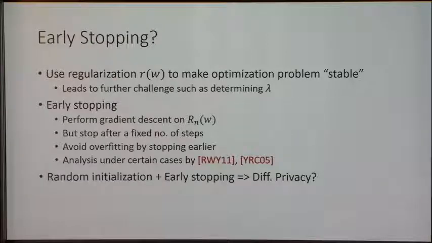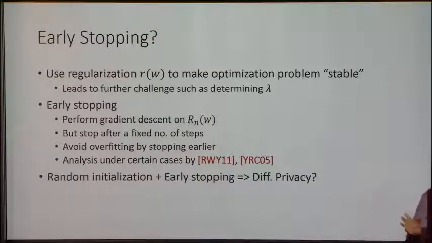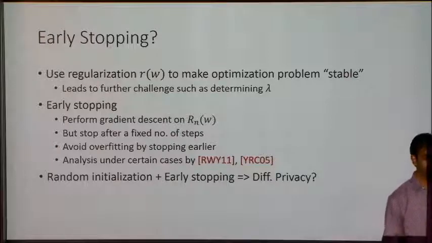Another interesting open problem is that in practice, people do not do this regularized empirical risk minimization, especially if you are working on some really practical systems. A very naive thing to do is just take your empirical risk minimization problem, and without any regularization, start from some random point and start doing gradient descent.